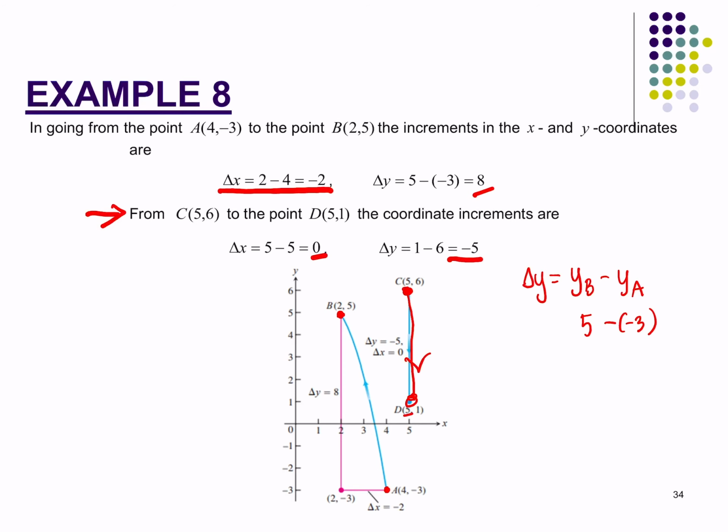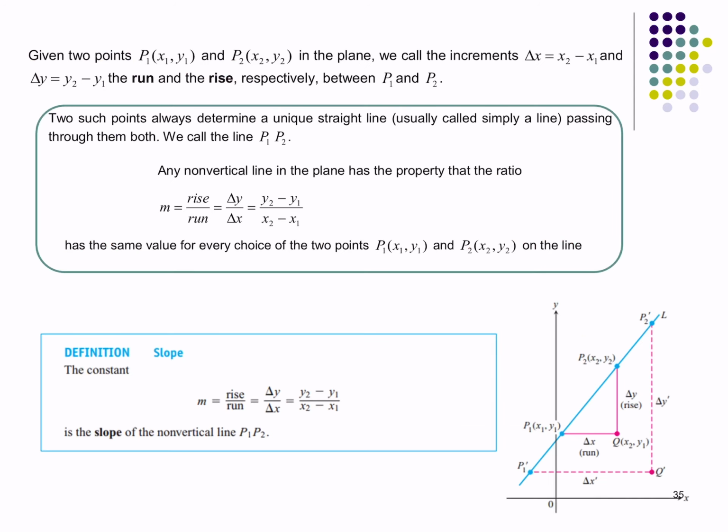Right, and based on the increments, we can make use of that to find the slope of some planes or the slope of the lines, which we call the rise and the run.